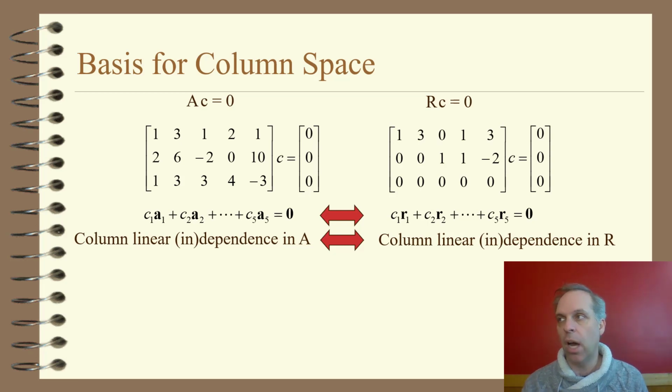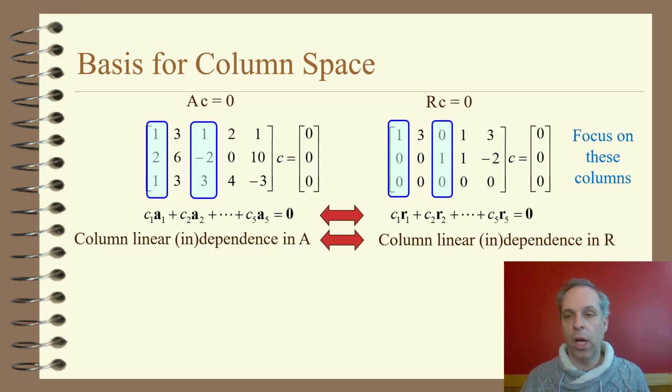So that means that if columns 2 and 3 are linearly independent in R, then columns 2 and 3 in matrix A are also linearly independent. If the columns 1, 2, and 3 in R are dependent, then the columns 1, 2, 3 in A are dependent. We're going to use that now. I want you to focus in on those columns.